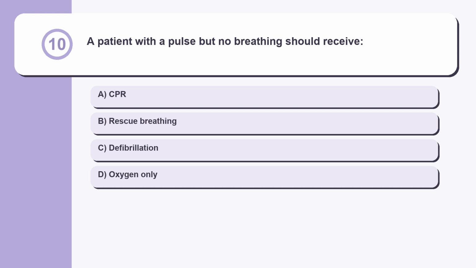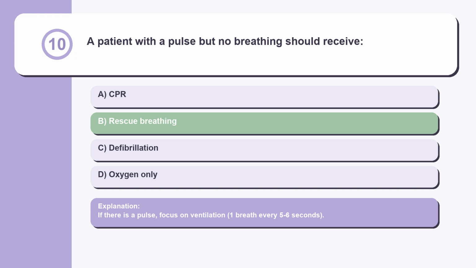Question 10. A patient with a pulse but no breathing should receive: CPR, rescue breathing, defibrillation, oxygen only. If there is a pulse, focus on ventilation, 1 breath every 5 to 6 seconds. Question 11.